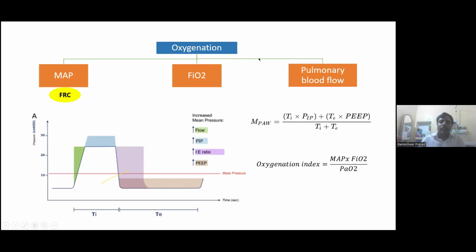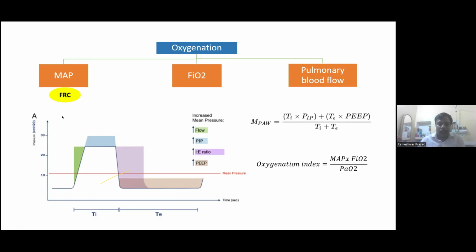Now, how will oxygenation be improved when the baby is ventilated? There are three ways. One is MAP, mean airway pressure. Second is FiO2. Third is pulmonary blood flow. Now, MAP directly affects functional residual capacity. So, you have seen what the causes of hypoxia are. The more common cause is ventilation perfusion mismatch.